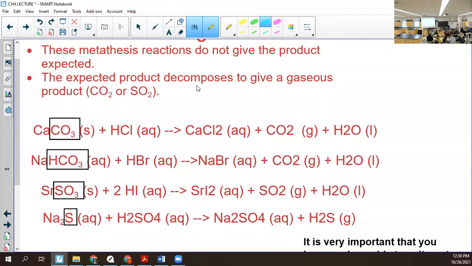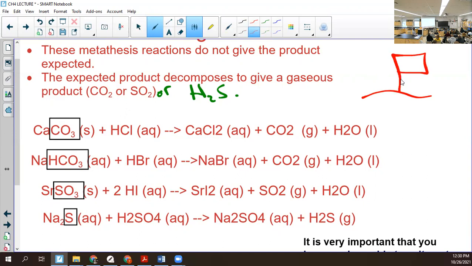The expected product decomposes to give a gaseous product of carbon dioxide or sulfur dioxide, or hydrogen sulfide gas. These are very specific reactions. Are those the only ones that actually do it that we're going to worry about? Absolutely.